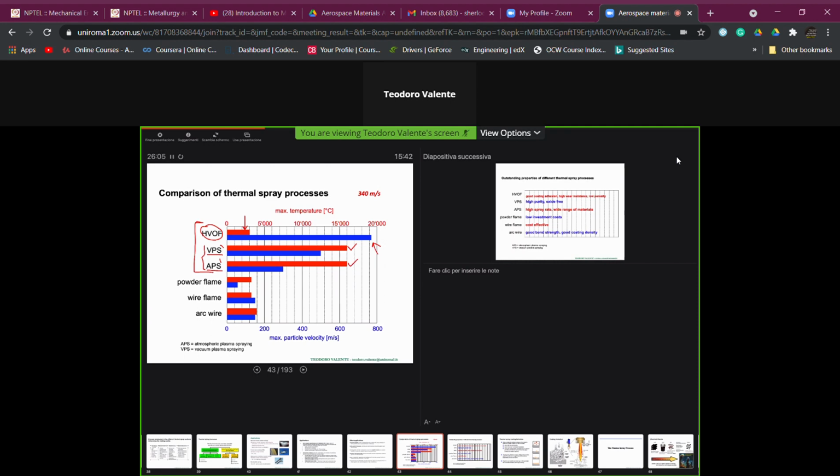Obviously that plume will be longer and the losses will be lower, that is, the particle velocities can be expected higher.